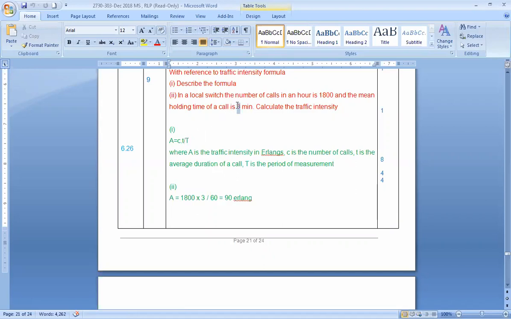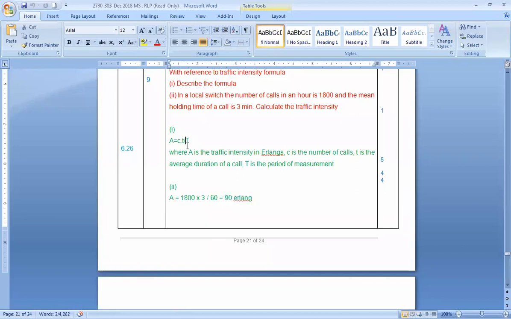So that 3, I'll be bringing it down here, and divided by duration, which is going to be 60, because it says for an hour. Once I have this formula, you can just substitute, and we'll be getting about 90.